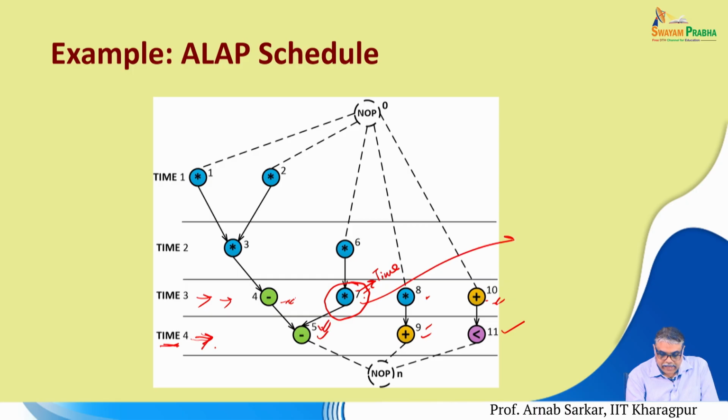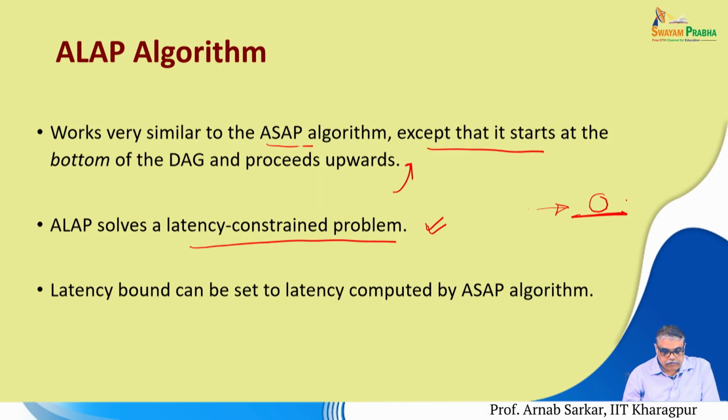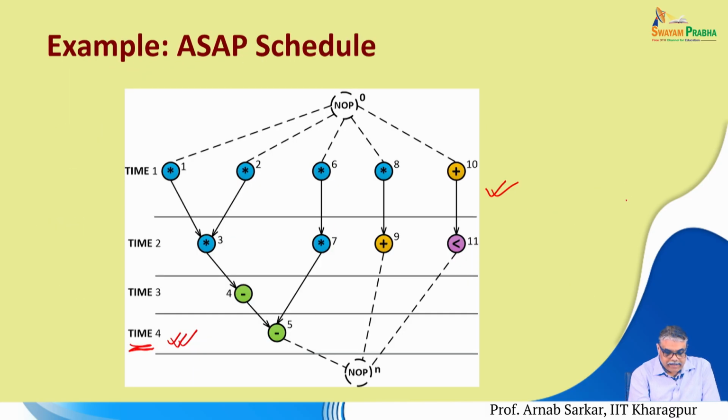So, the ALAP time of node 7 equals 3. What is its ASAP time? If you go back, its ASAP time is 2. So, ASAP of node 7 equals 2.